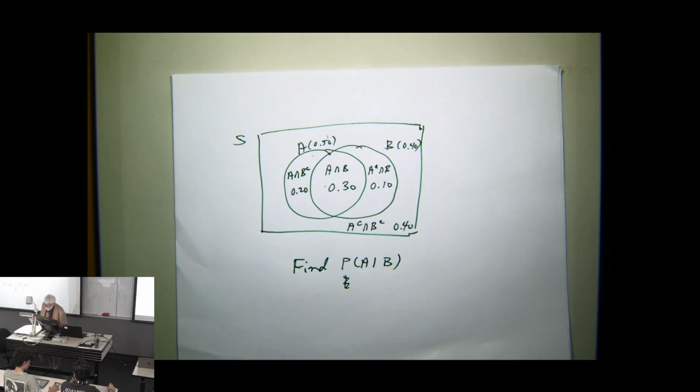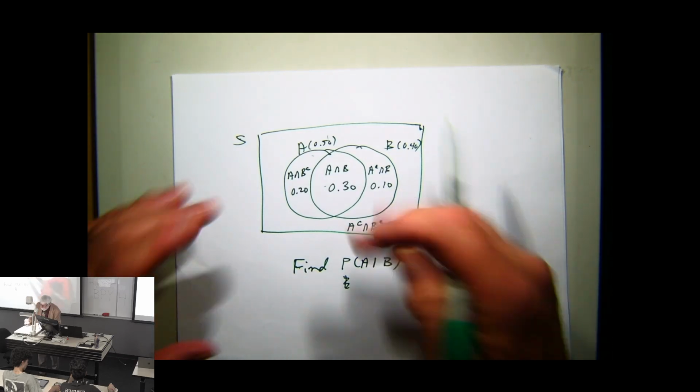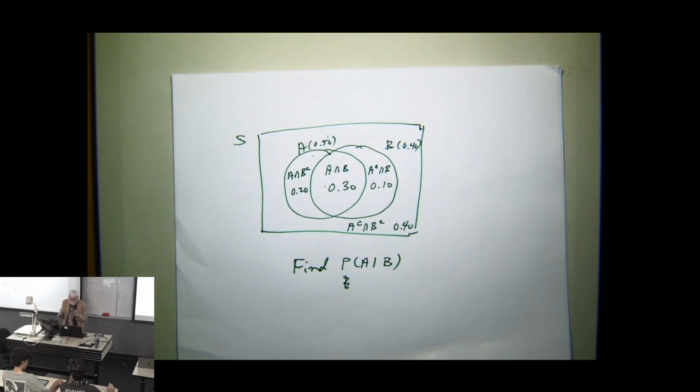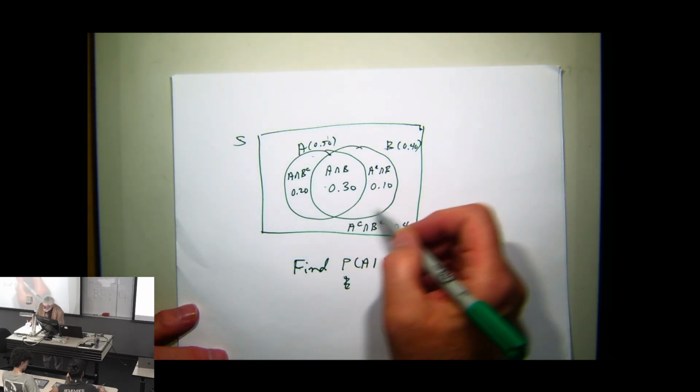So now we want the probability of A given B. Well, once we are saying you're given B, the condition is the first thing you focus on and say, where does B occur? It occurs right there.